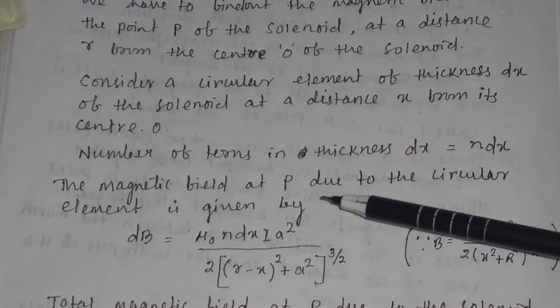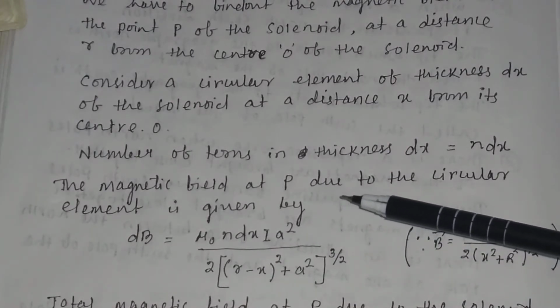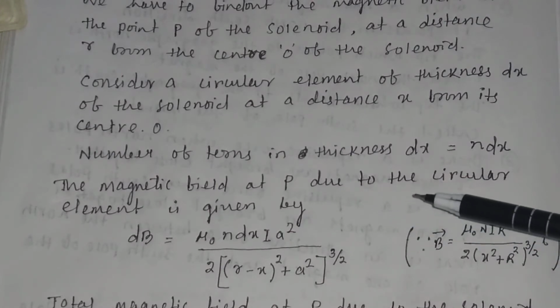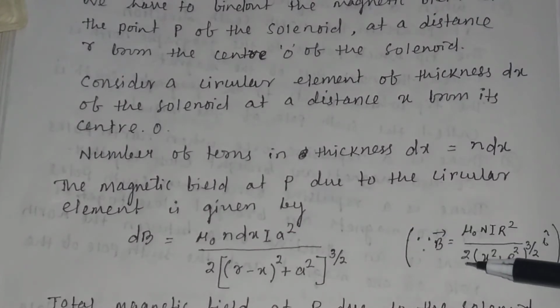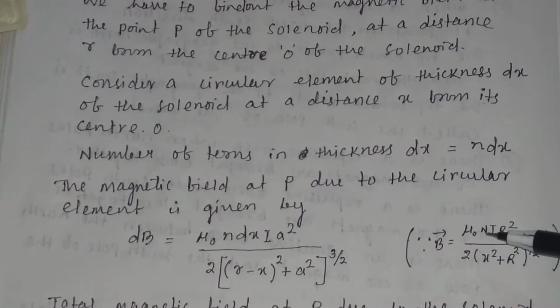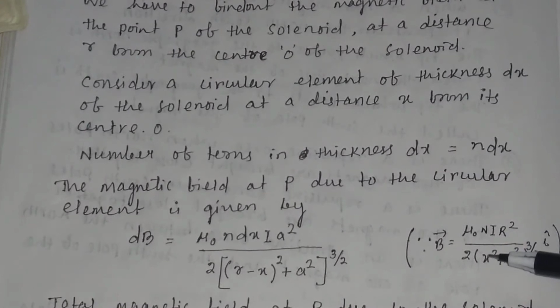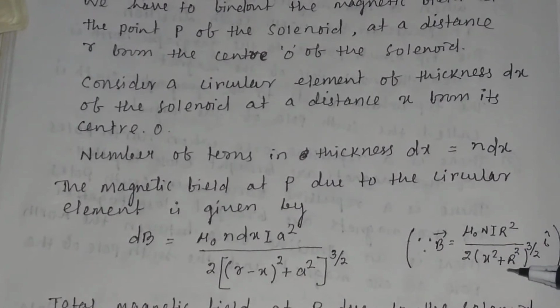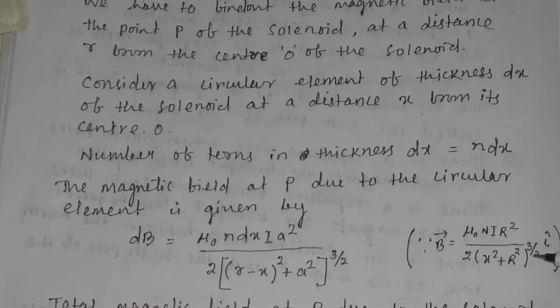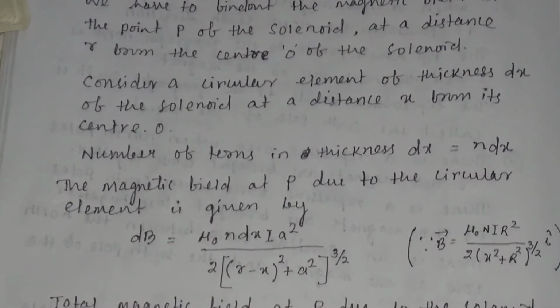Because we know the magnetic field at a point P due to a circular coil is given by B equal to mu 0 n I r square divided by 2 into (x square plus r square) to the power 3 by 2 into i cap.